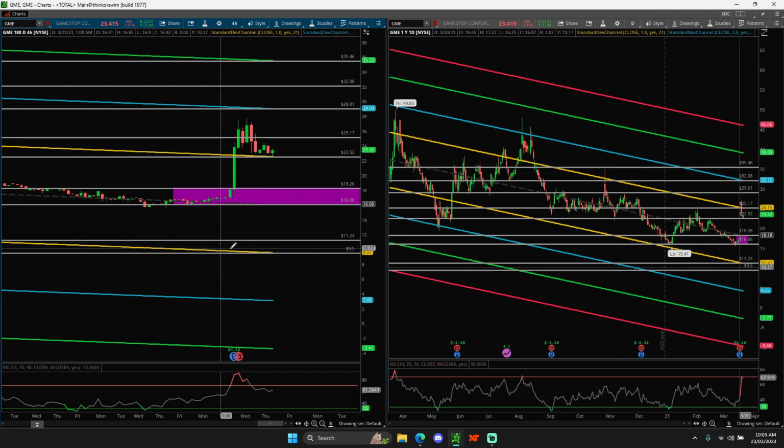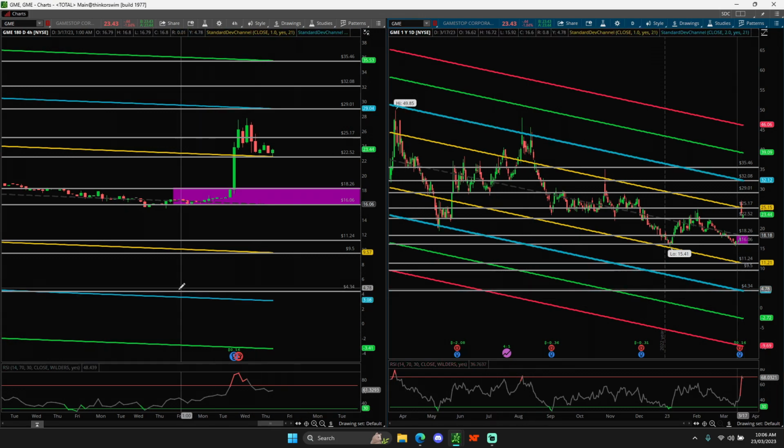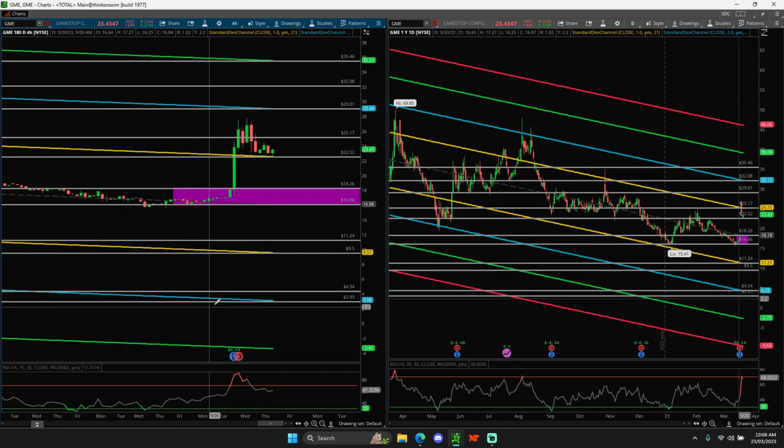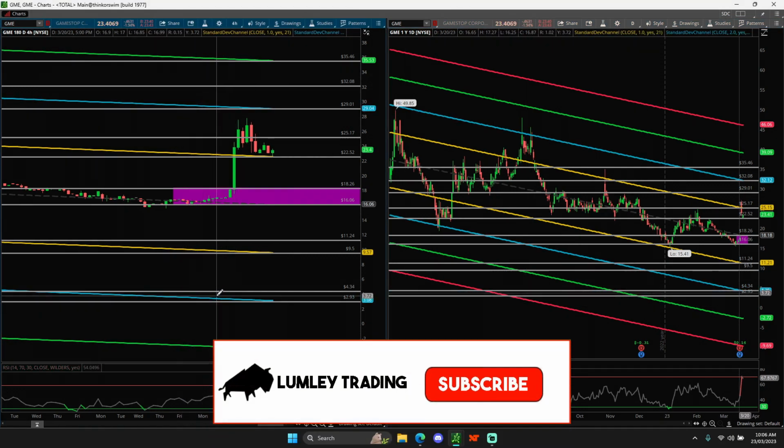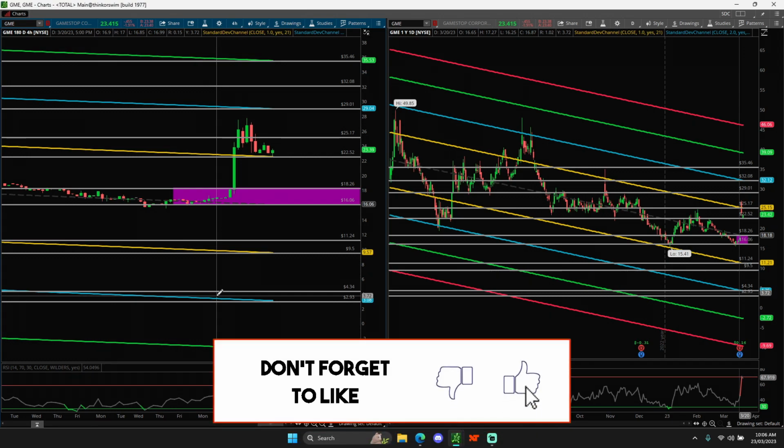So it would really just be playing an outright call and seeing if we can get a few point bounce and then locking in profits pretty quickly. I don't really like playing these stocks long, because, again, it is an overall downtrend. And if we broke to an extreme low, then we have $4.30 and $3, but don't expect to see that anytime soon. So anyway, that's a breakdown I can see currently on GameStop.